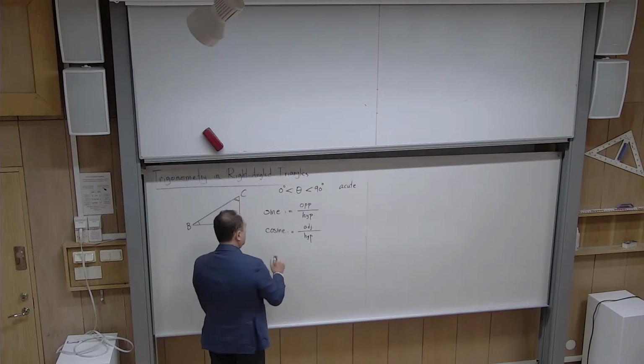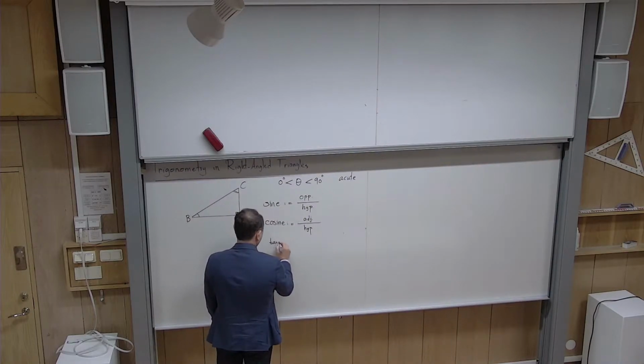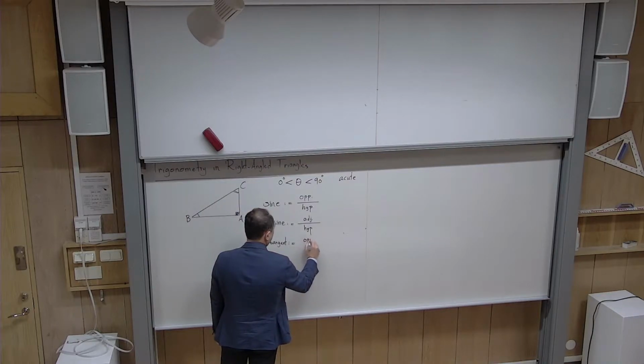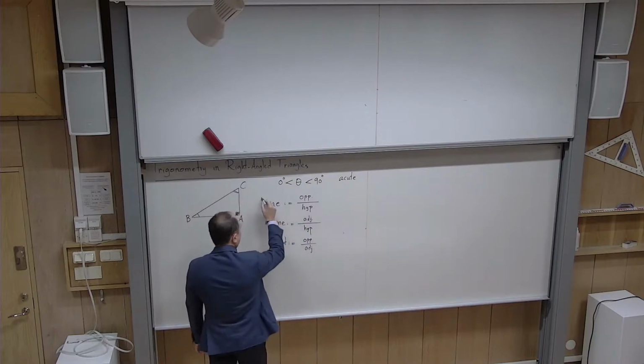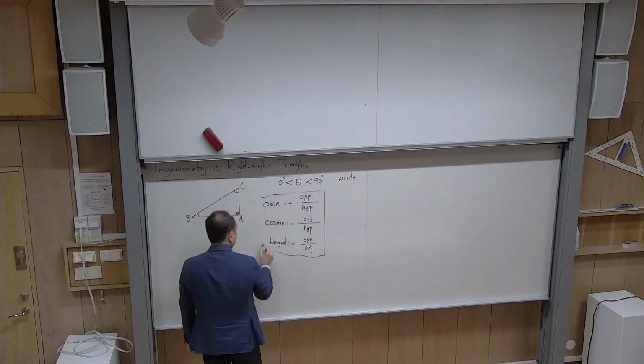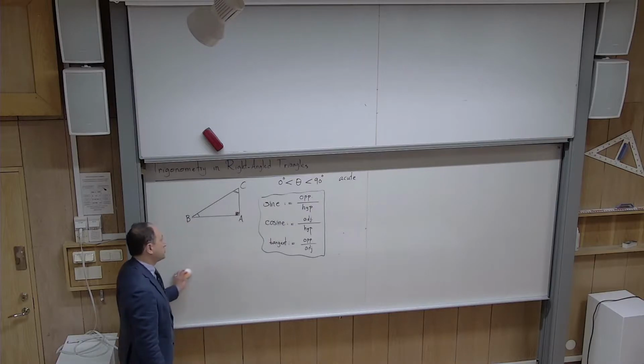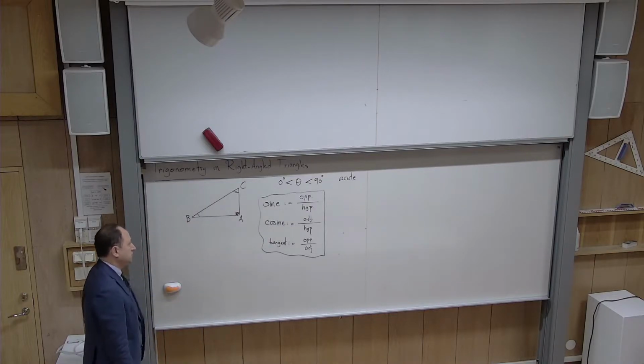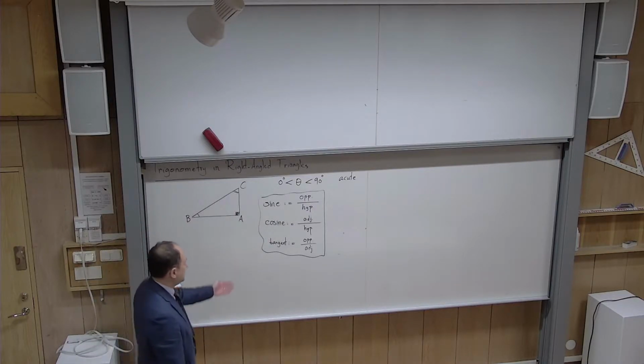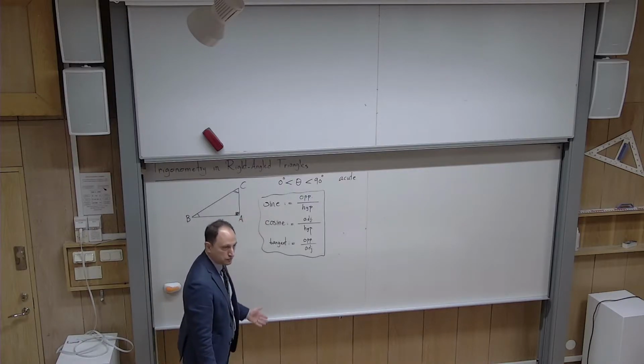And then finally tangent is defined to be opposite divided by the adjacent. So that is the way I shortly define it for you. Of course, it could be defined the other way around or by a little bit stranger combination, but these have proven to be useful.